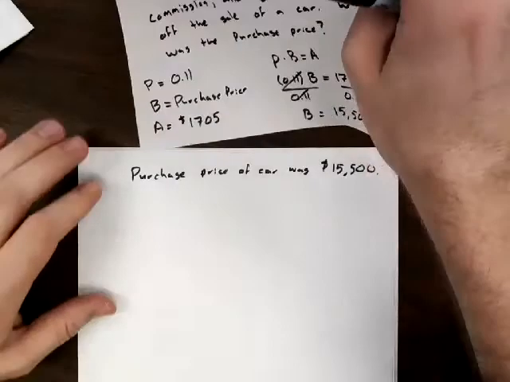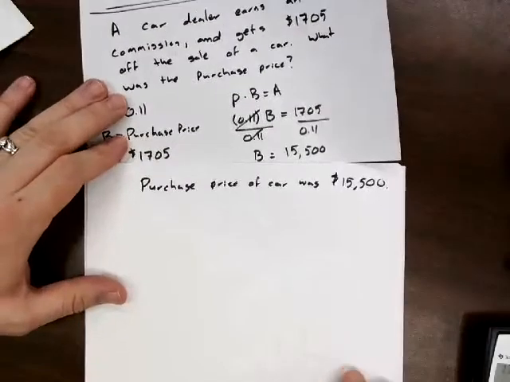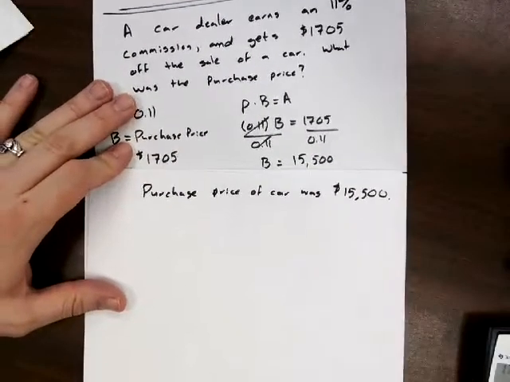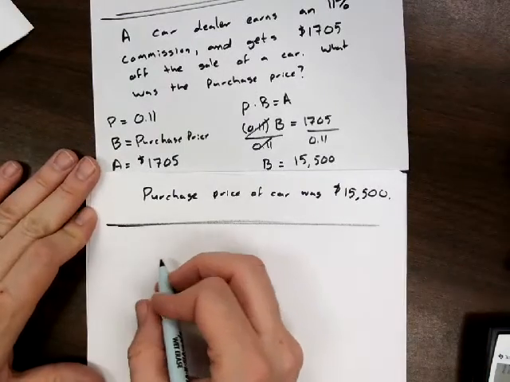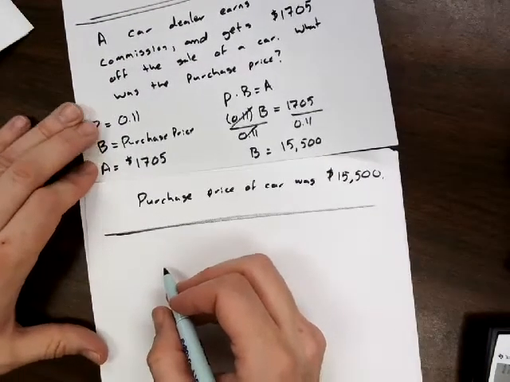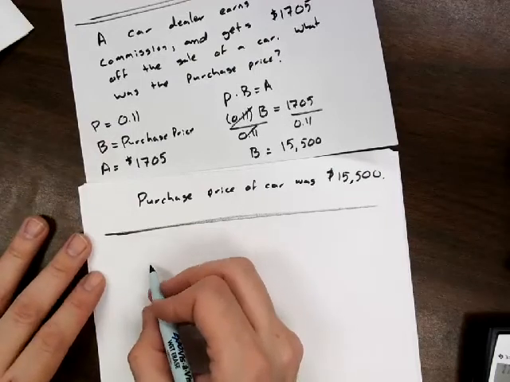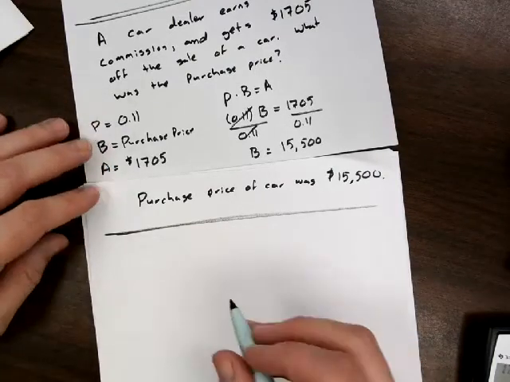Let's do one more. Last one. I know this is a long video, but I'm just going to go ahead and go for it. Let's say that we know the amount of commission and know our purchase price, but we don't know what the rate of commission is.